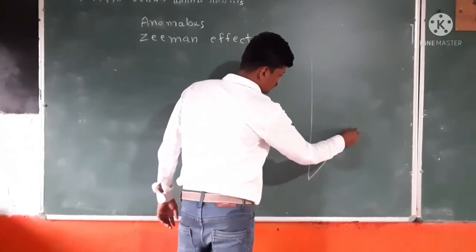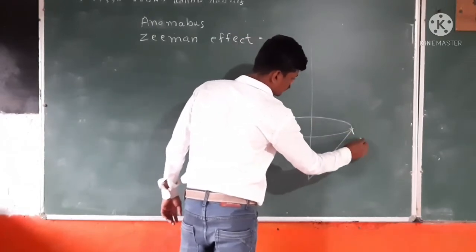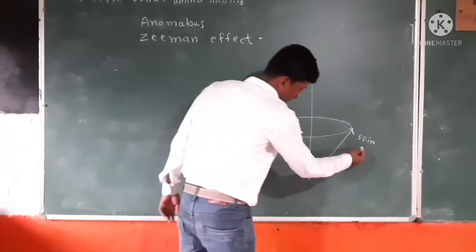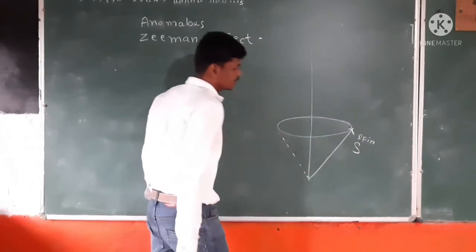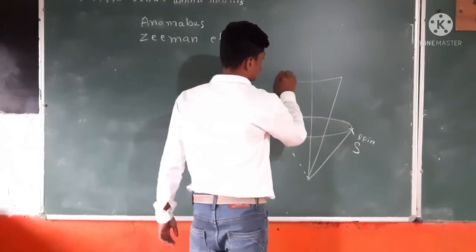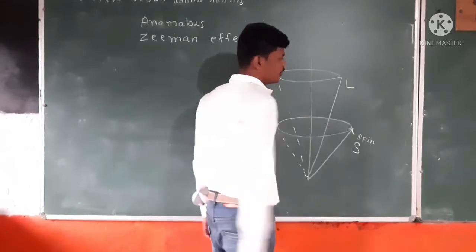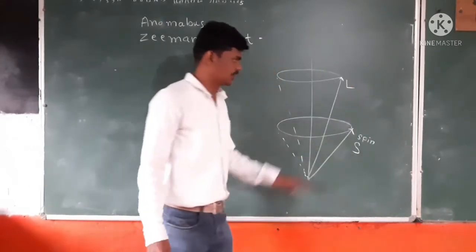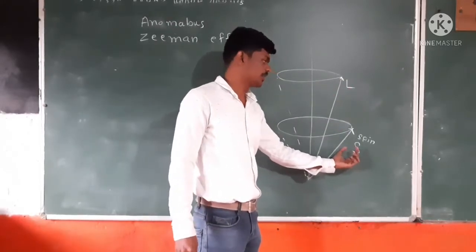This is the spin angular momentum, S, of an atom, and this is L, the orbital angular momentum vector. We are representing vectors.